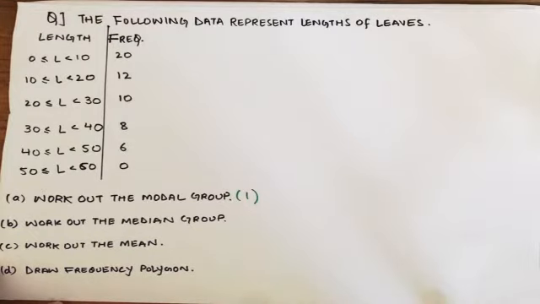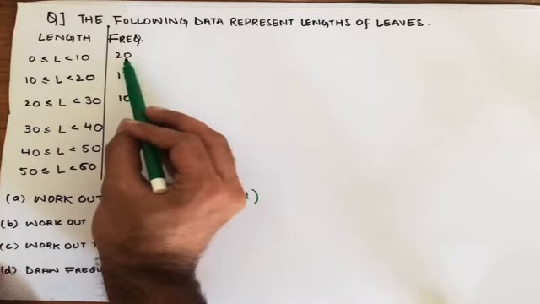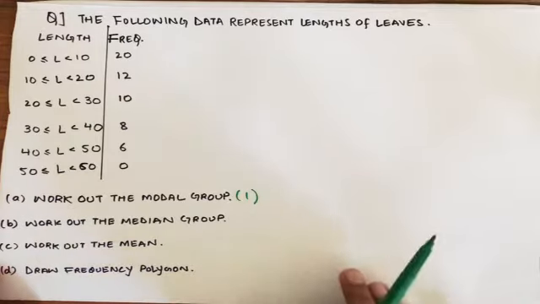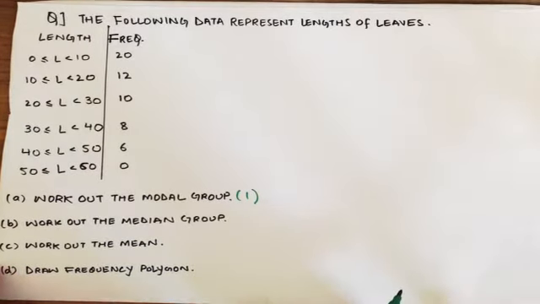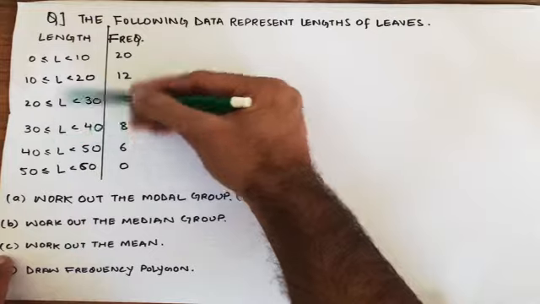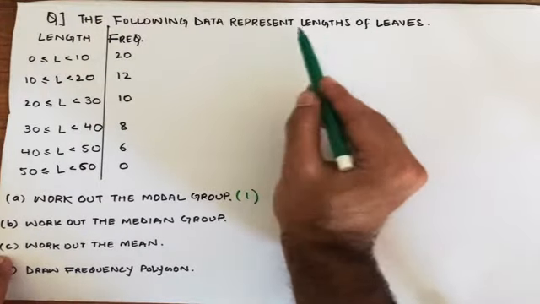So mode is basically the most frequent value. In this case we have groups, so it would be the most frequent group. So the frequency 20, that is your highest frequency. One confusion that I used to go through back in my days when I used to study is that the answer is never from frequency. The answer is always the data you are focused on, in this case, the lengths of leaves.